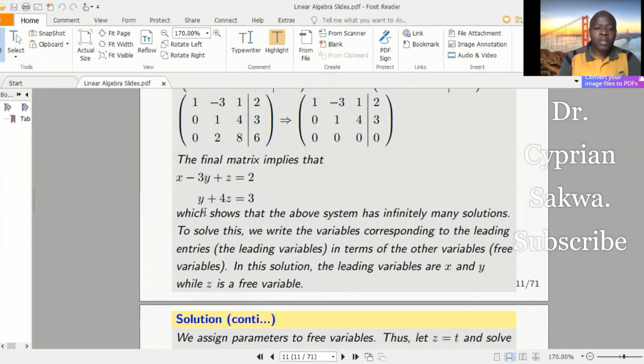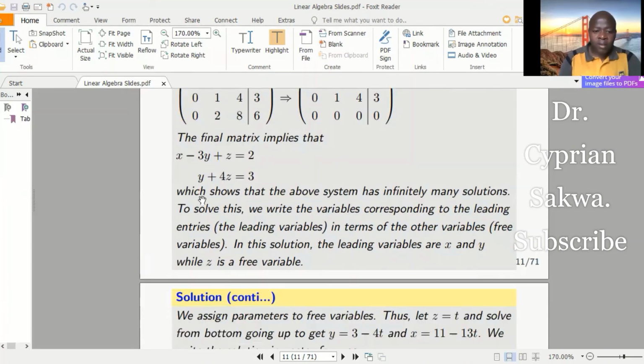So what we do in this case is that we solve for the leading elements in terms of the free variables. We can equate the free variables to some parameter, let me say t or s, where t and s represent any number. I've said that this shows the above system has infinitely many solutions.